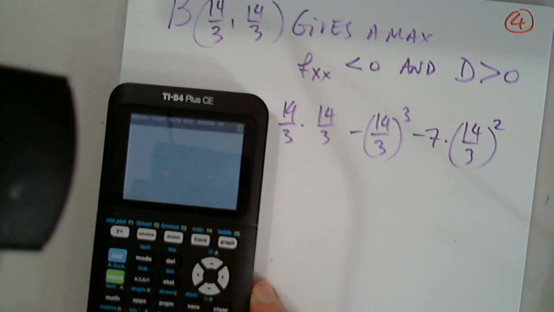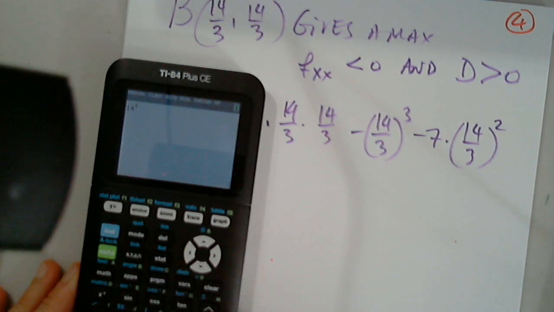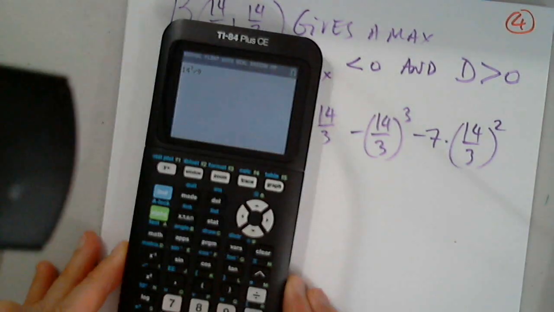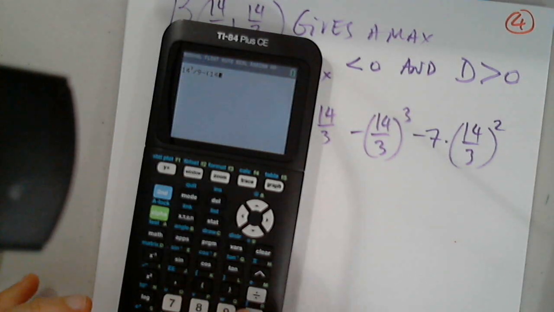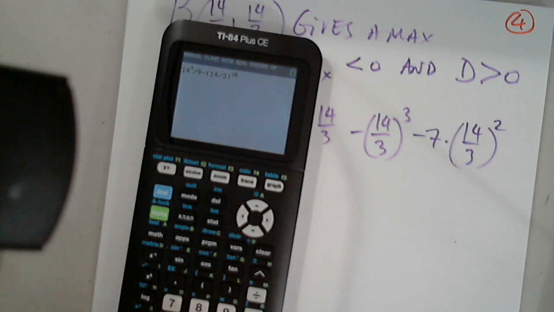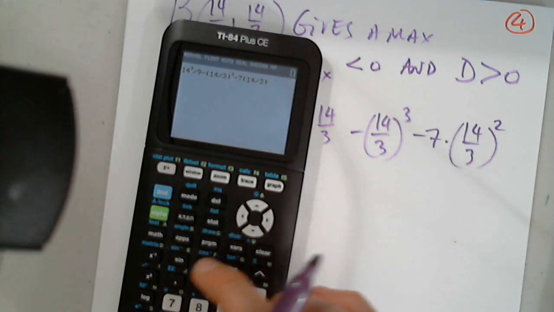Okay, so 14 to power 3 divided by 9, yes, minus 14 divided by 3 to the third power, and then minus 7 times 14 divided by 3 squared.